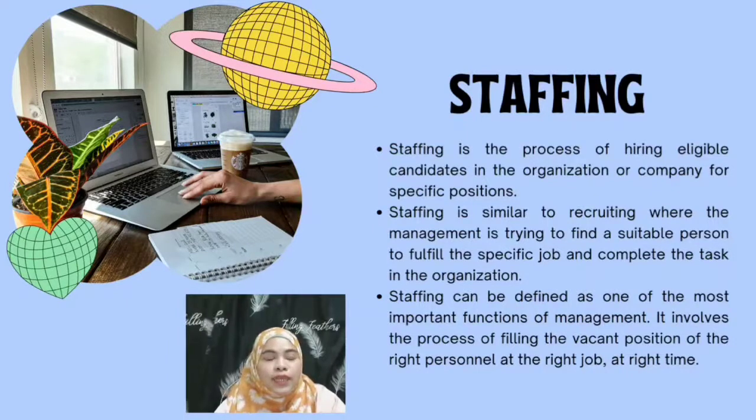Staffing can be defined as one of the most important functions of management. It involves the process of filling the vacant position with the right personnel at the right job and also at the right time. Hence, everything will occur in the right manner.